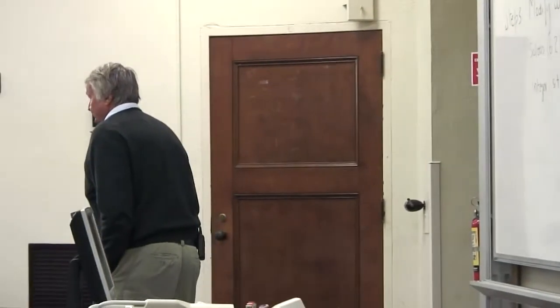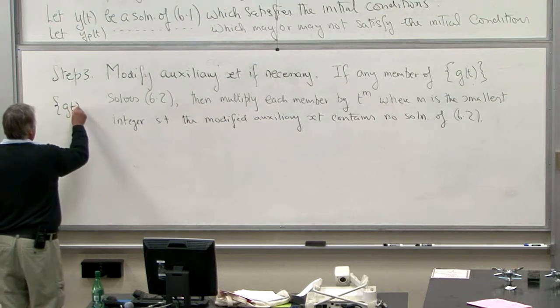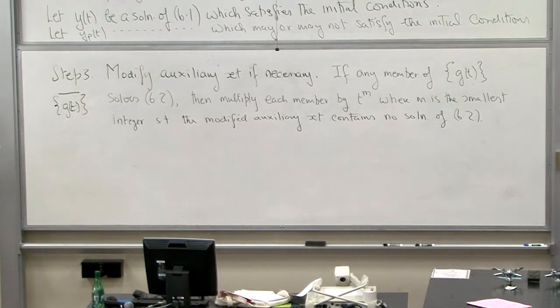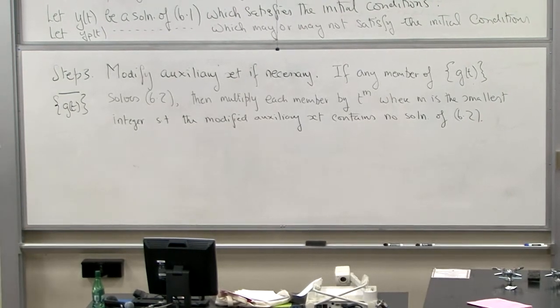So you have to multiply the entire set by t to the m, not just the member corresponding. And we call this g of t with a stroke over it. Now, rather than do examples here, I'm going to be doing examples shortly, and you'll see how to operate this.